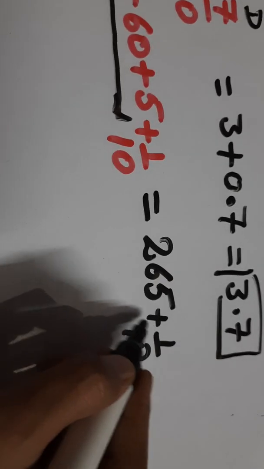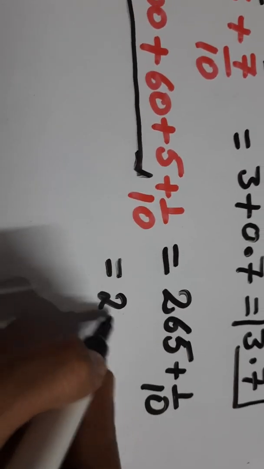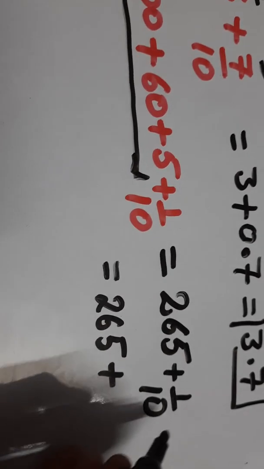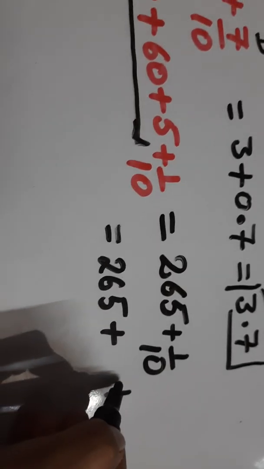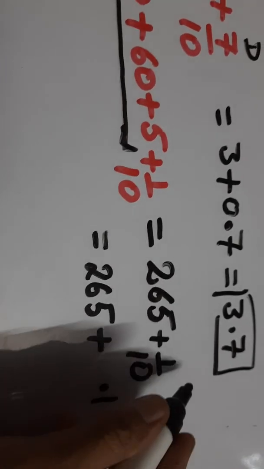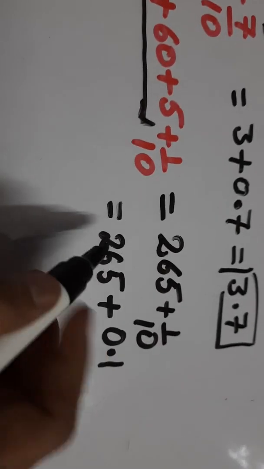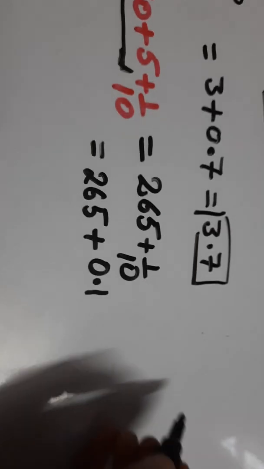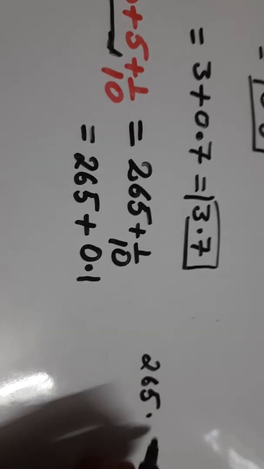Now as 10 carries one 0, so we will place the decimal by leaving one digit. So this one digit we took, then place a decimal, so the number will become, for 10 it will become 0.1. So now to add it, you know this is the whole part, so 265, convert it into decimal, write down decimal 0.